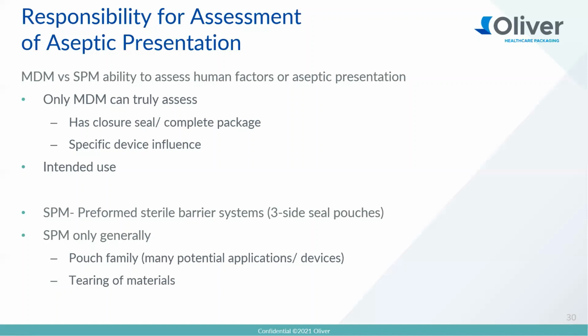So we don't know what the intended use is. We don't know how well the device will actually fit in it in the end. So those are things that the SPM can't assess, but only the MDM can.